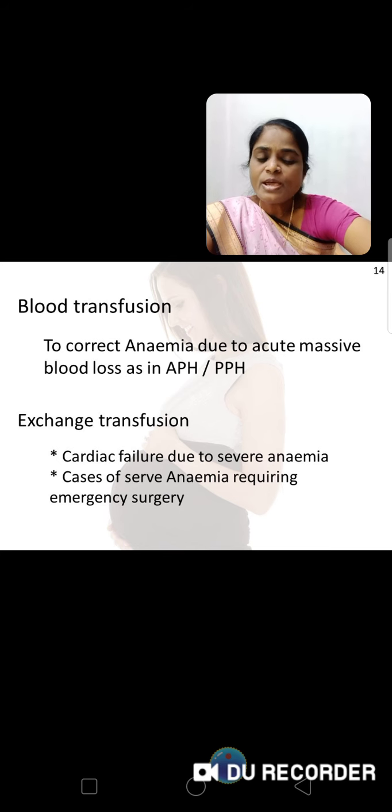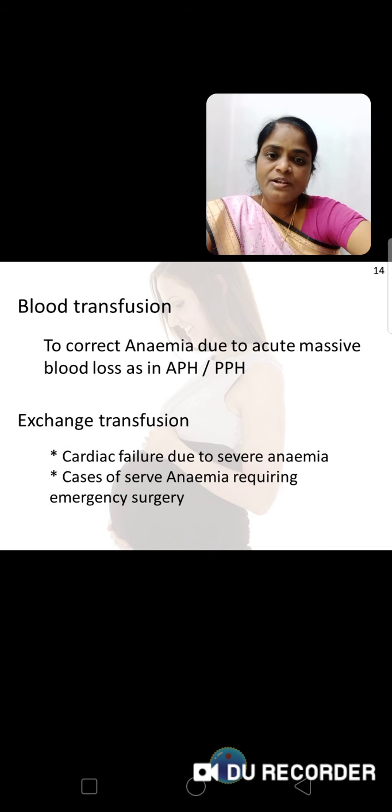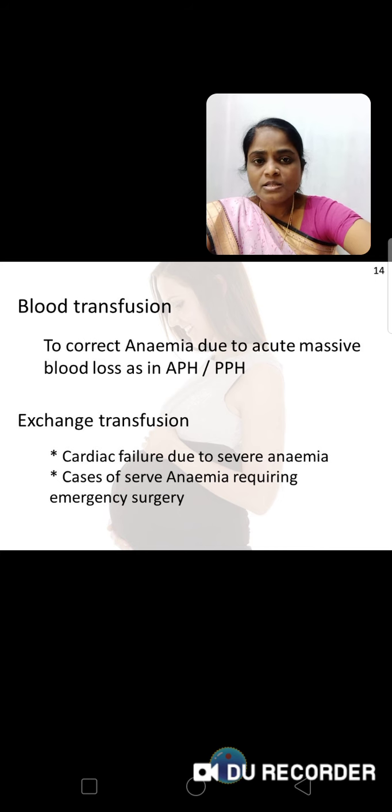We have to give importance to the fluid volume deficit, so we have to replace it, so blood transfusion or exchange transfusion, anything, and intravenous infusions of iron sucrose, like that we have to give. So these are all the nursing management.